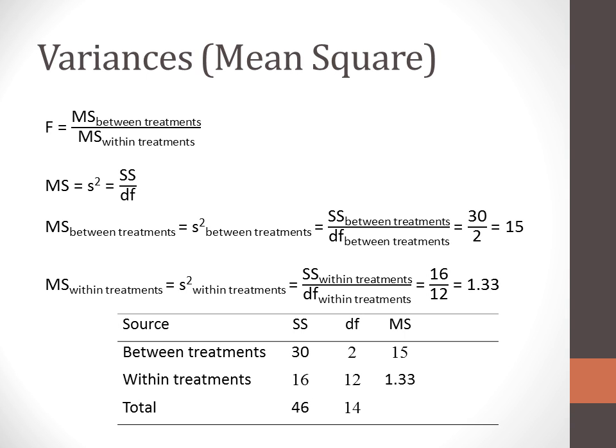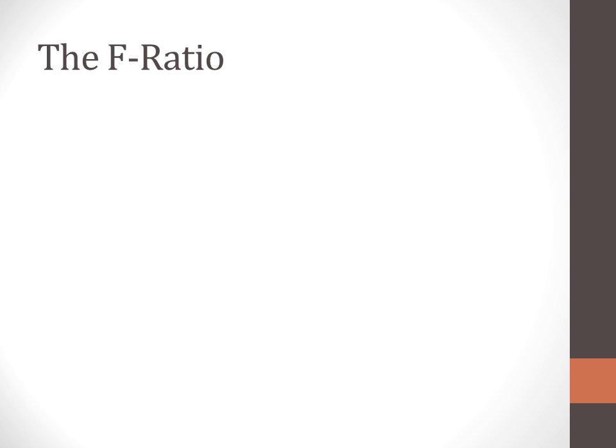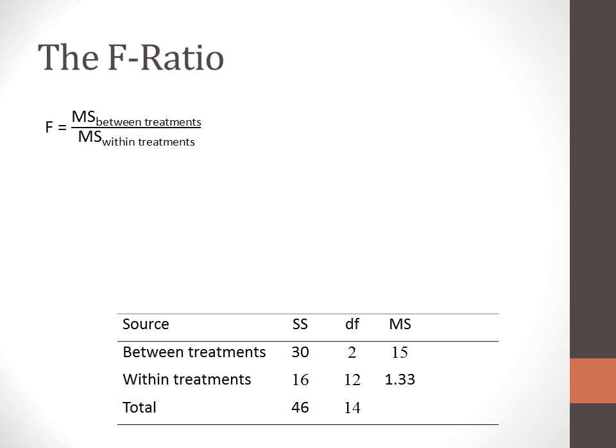Now, we simply need to work backwards and take these two values and plug them into the F ratio. So the F ratio, again, is the mean squared between treatments over the mean squared within treatments. And here's our source table that we've been keeping track of all the values in as we've gone along. And we simply need to use the values for the mean squared.